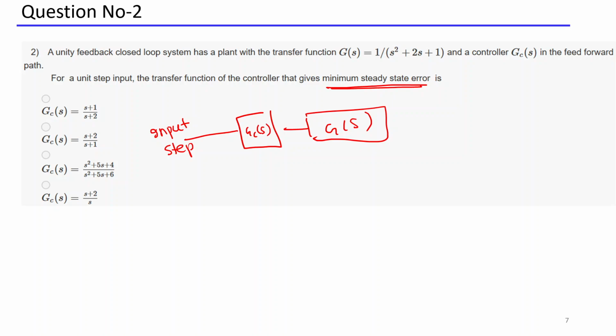Just try to understand: if you have to deal with any question related to minimum steady state error, then the compensator is related to your proportional plus integral term or only the integral term. What is the proportional term?